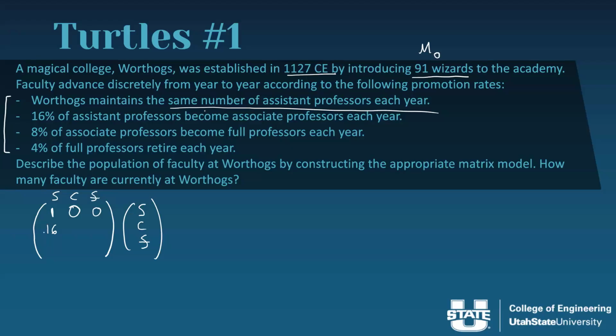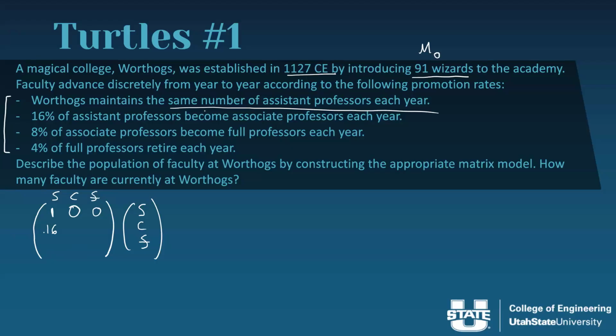Moving on to our next line, 8% of associate professors become full professors every year. So I'm looking at how my associate professors, which is in this column, relate to my full professors, which is in this row. So I'm looking at this part right here.